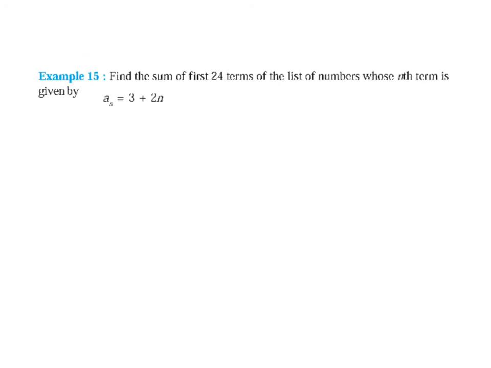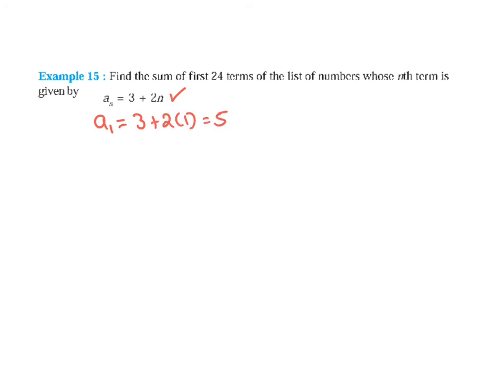Okay. Find the sum of the first 24 terms of the list of numbers whose nth term is given by an is equal to 3 plus 2n. So we know the nth term. Can we find out what is the first term? a1, that is a, is equal to 3 plus 2 times 1, which is going to be 5.